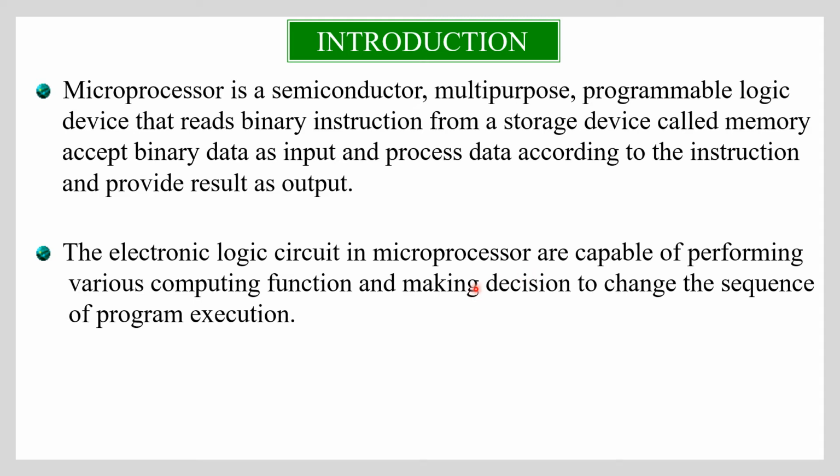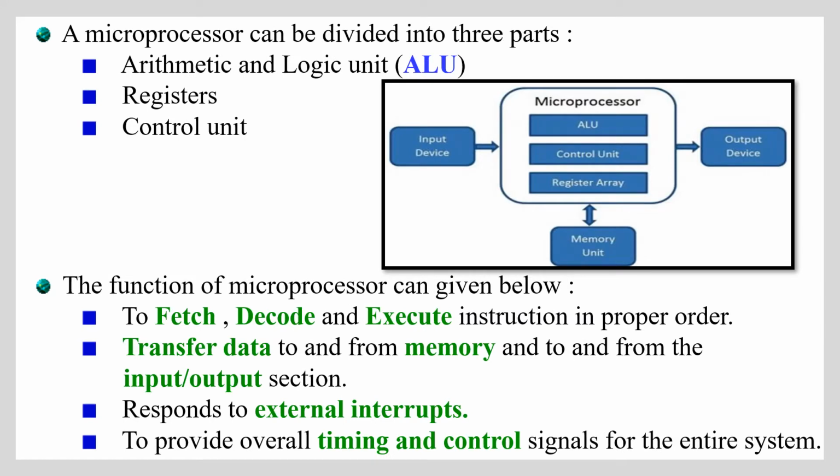So it has a processing ability. A microprocessor can be roughly divided into three parts: arithmetic and logic unit, that is ALU, registers and control unit. ALU is the arithmetic and logic unit where the arithmetical and logical operations are carried out. The register array is primarily used to store the data temporarily during the execution of programs.